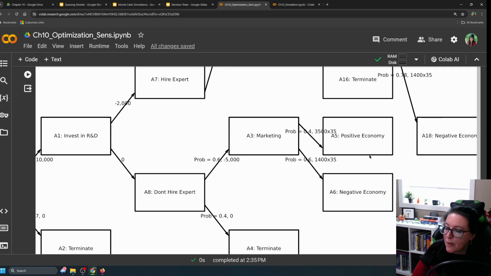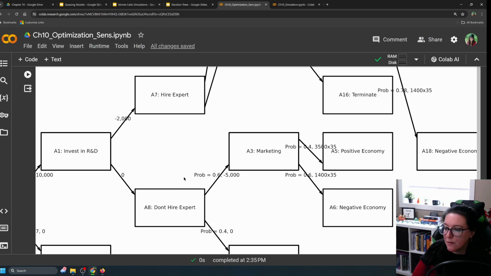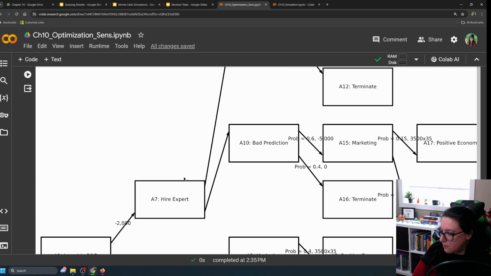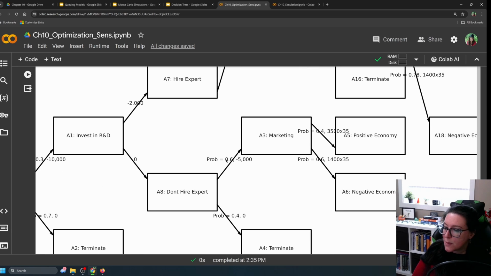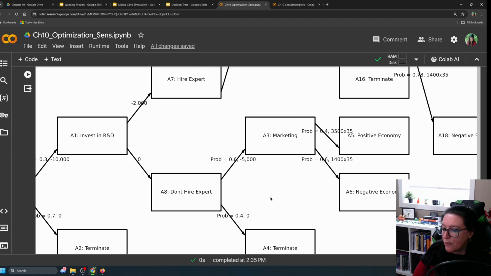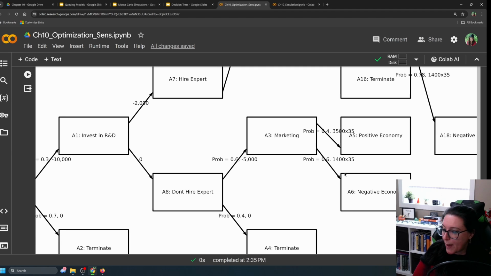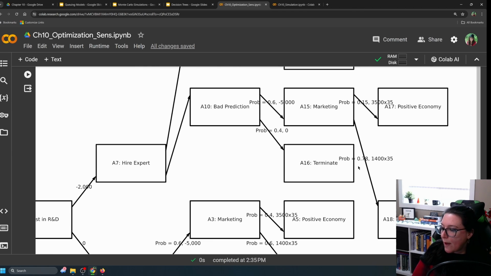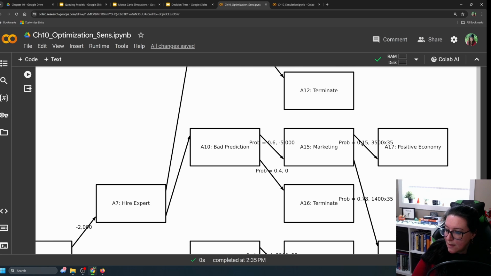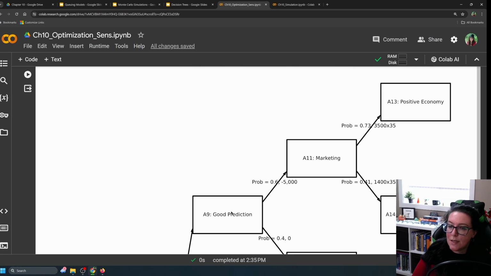If alternatively we don't hire the expert, the rest of this looks like it had before, which is $5,000 for marketing, 40% chance of a good economy, 60% chance of a bad economy. So we have populated these last probabilities here, conditional on the expert's prediction.